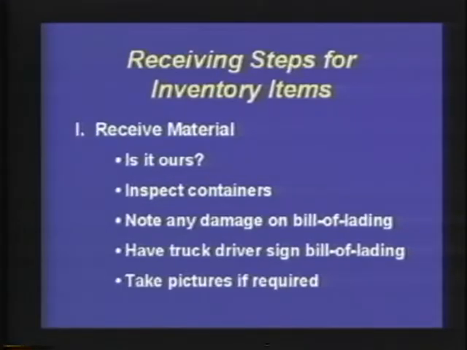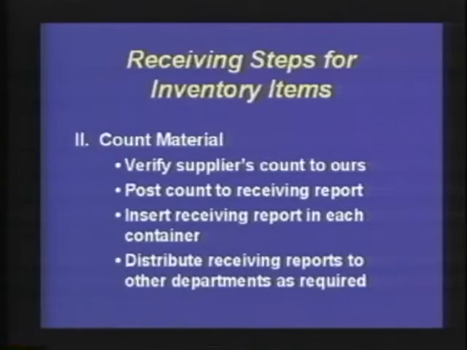That picture, along with the bill of lading signed by the carrier, is going to prevent a lot of unnecessary delay by either the purchasing or the financial department in trying to rectify the cause of damage and other associated activities like who's going to pay for it and so forth. Now, the second step is to count the material.